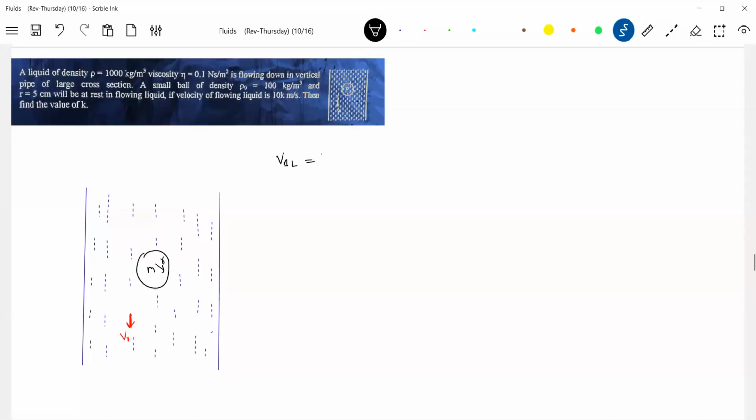Velocity of ball with respect to liquid equals velocity of ball minus velocity of liquid. Anything directed vertically down, let me take positive. Then weight is also there, effect of g also there. So velocity of ball with respect to ground is 0. Velocity of the liquid is given.